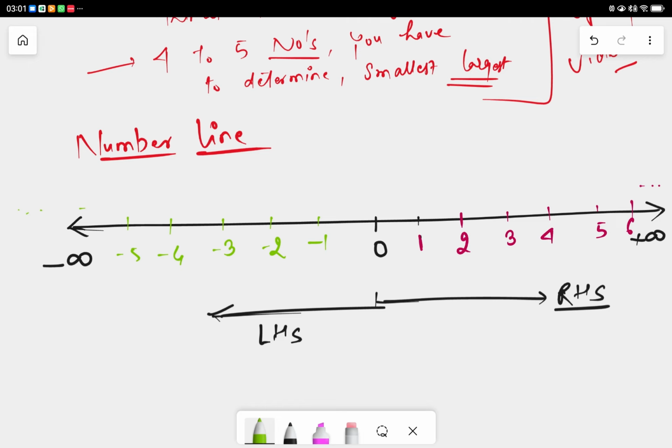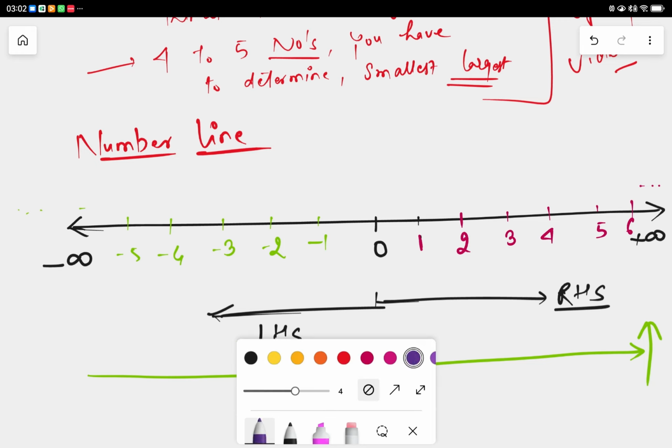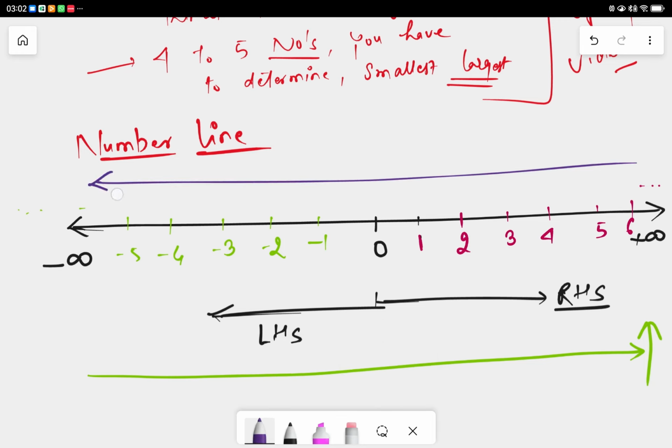It will keep going on. So what I'm trying to imply here is, the more we move right, the number keeps getting bigger. The more we try to move left, the number keeps getting smaller. Here it keeps getting bigger, here it keeps getting smaller. So if I ask you between these two numbers which is bigger, 0 is bigger than -1, because it falls onto the right hand side of -1.